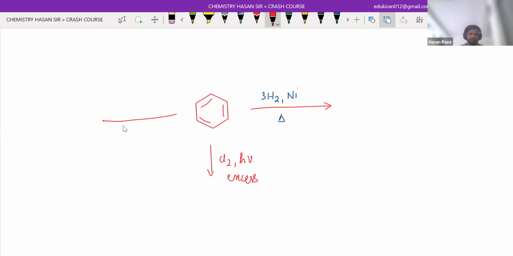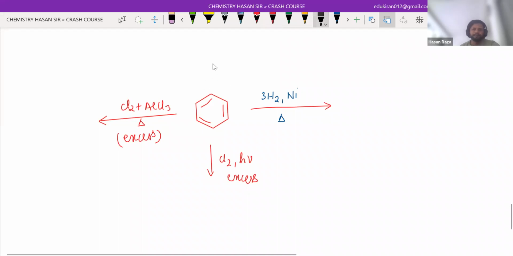And if you are going to react this with Cl2 plus AlCl3 and heat in excess, and if you are going to react this with KMnO4, which is a strong oxidizing agent.